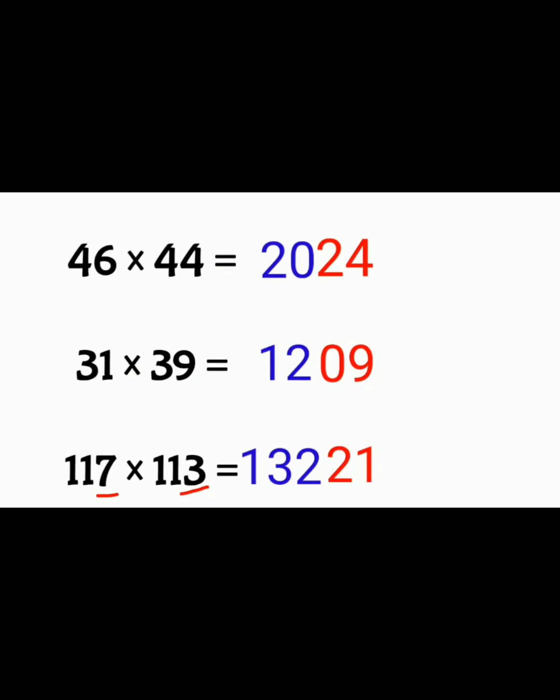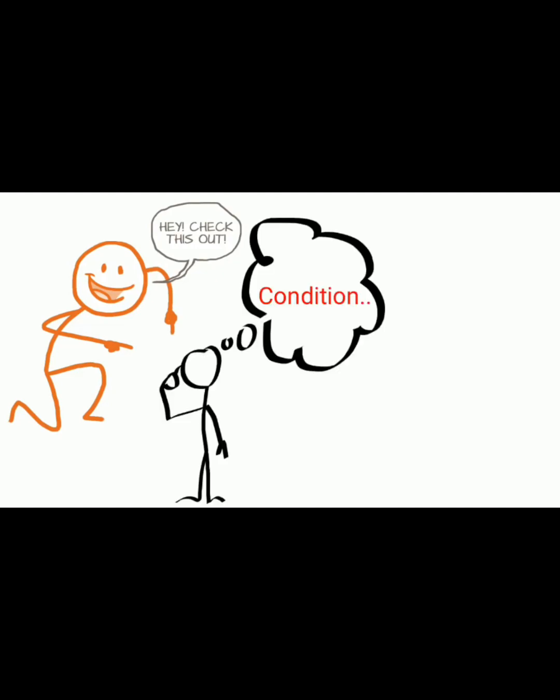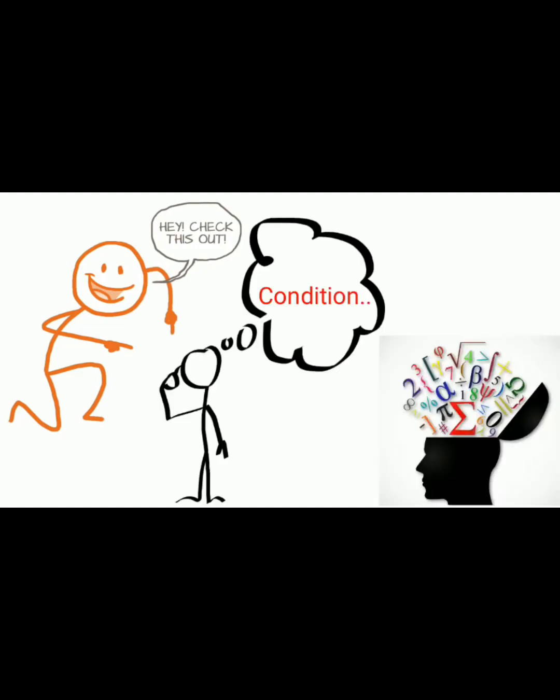So 21 is the answer. The actual answer is the product of 117 multiplied by 113, which is 13,221. But my friends, there is a condition in applying this method.